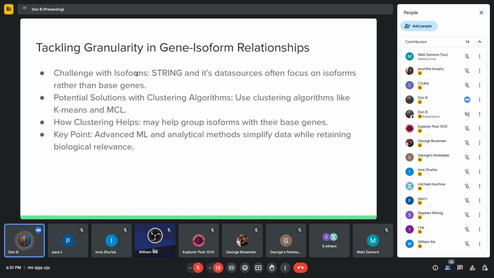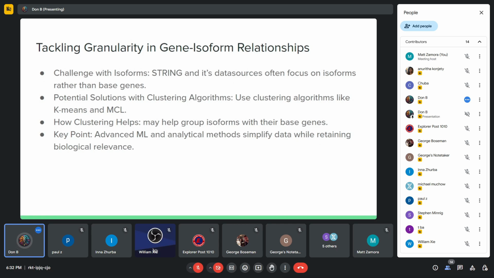So the challenges with both String and Stitch, to a certain extent, is that it's not just isoforms, but there is the aspect of differences in layers of granularity. There's a large number of synonyms, and this was in the context of what I was looking at in terms of another data source, which was BioGrid.